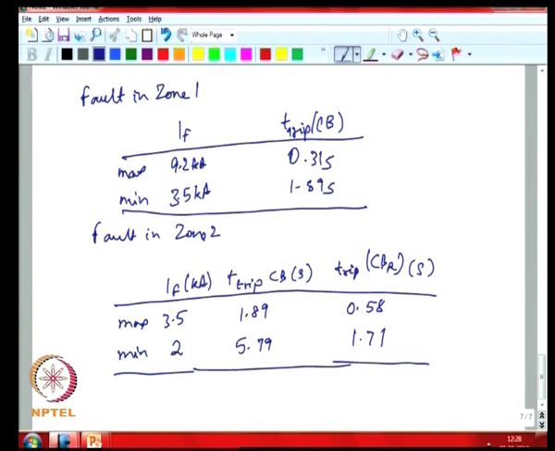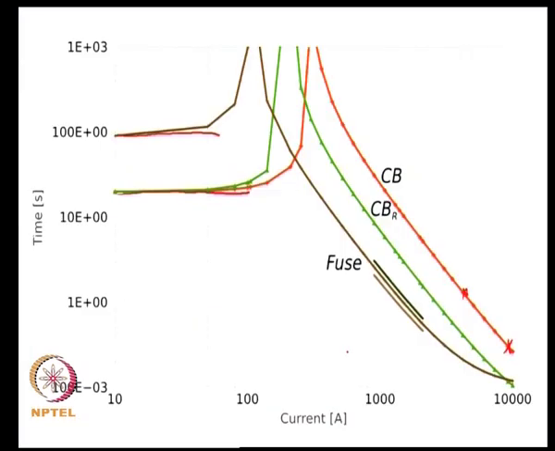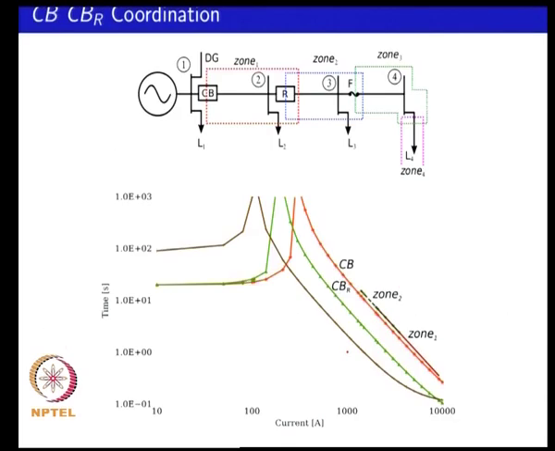For a fault in zone 2, you can see that in the specified range CBR is much faster than CB. So, you have adequate coordination. Similarly, you could then go further down. If you look at the range that was being considered, whatever the range, you have sufficient clearance between these curves. That is essentially what you are looking for. Similarly, you could look for other fault ranges.